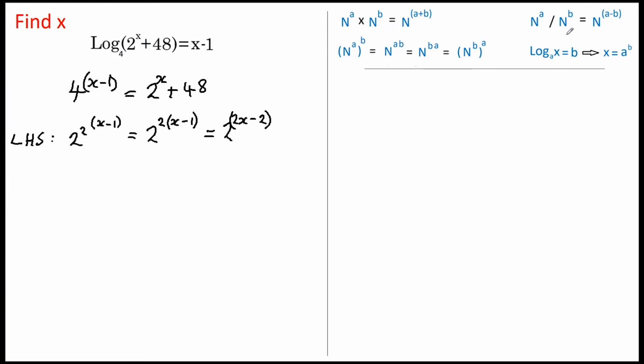Now, using this rule, we can rewrite this as 2 to the 2x divided by 2 squared. 2 to the 2x can be written as 2 to the x2, again over 2 squared or 4, and this can be written as 2 to the x all squared over 4.